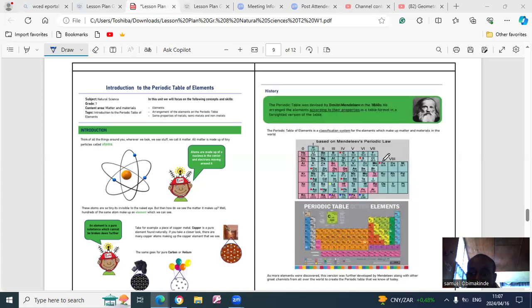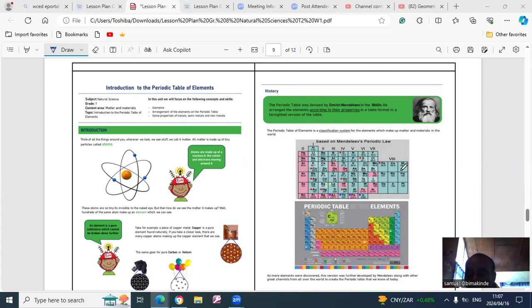The table was known to be very accurate because scientists who came after Mendeleev discovered the elements, and their properties were exactly as predicted in the spaces he left in his table.